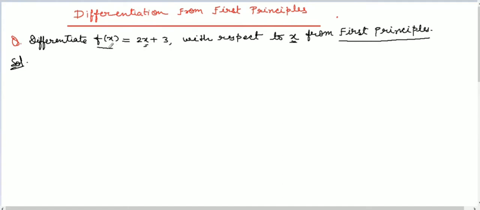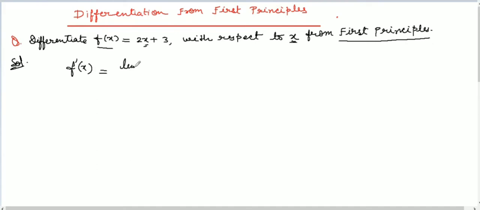So here is the function f(x). When we have to differentiate anything, we will write any function in f(x), we will write f prime of x equal to, this is the formula I am writing from first principle.